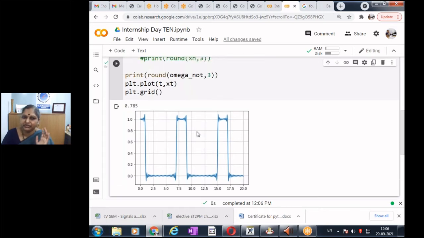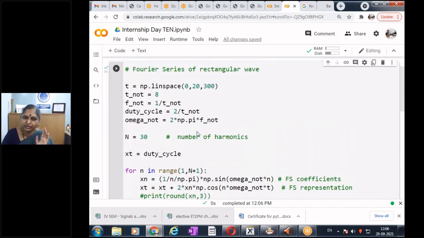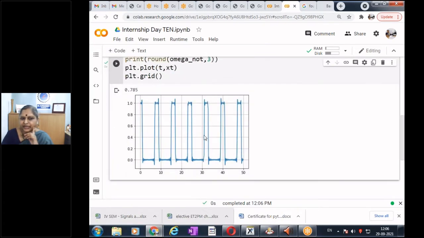Now what I will do, instead of having my time going from 0 to 20, let me run my time from 0 to 50. So this is what I have. I am having 50 terms in my representation and I'm plotting my time for 50 and my omega naught is 0.75.